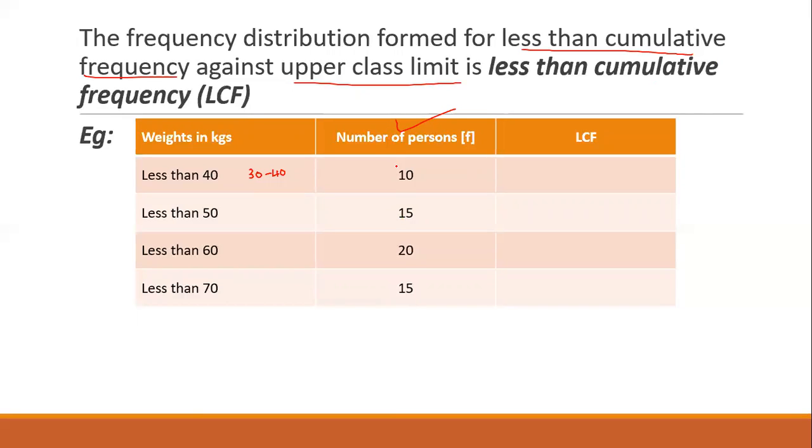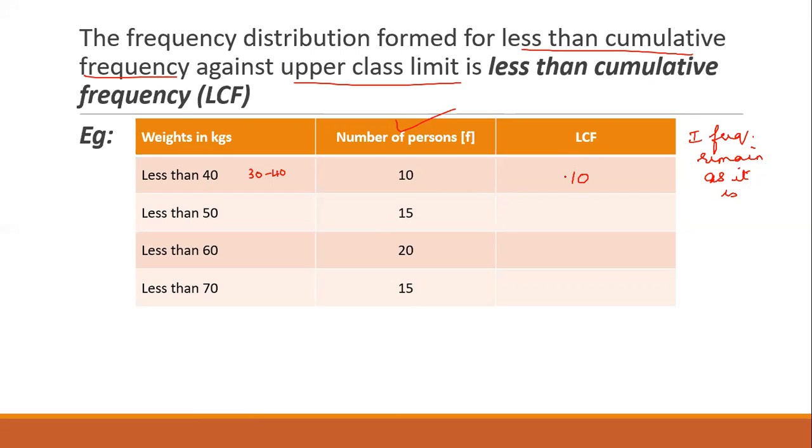Okay, so here, to calculate less than cumulative frequency, the first frequency will remain as it is. You do not have to add anything. First one will remain, so 10. You consider it as 10 plus 0, nothing previous, so 10. When you calculate the second one, you add this less than cumulative with the next frequency.